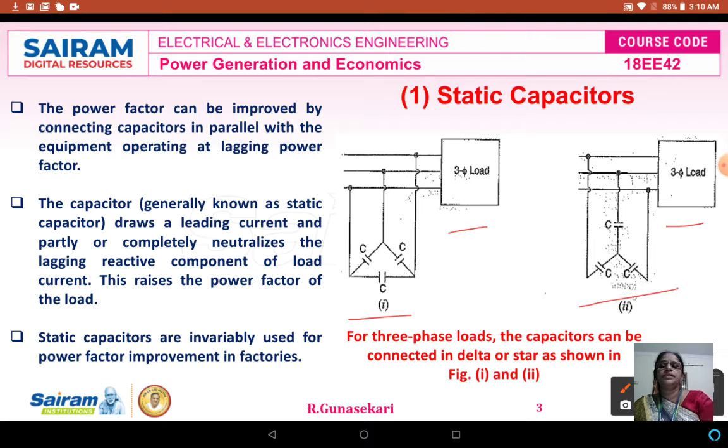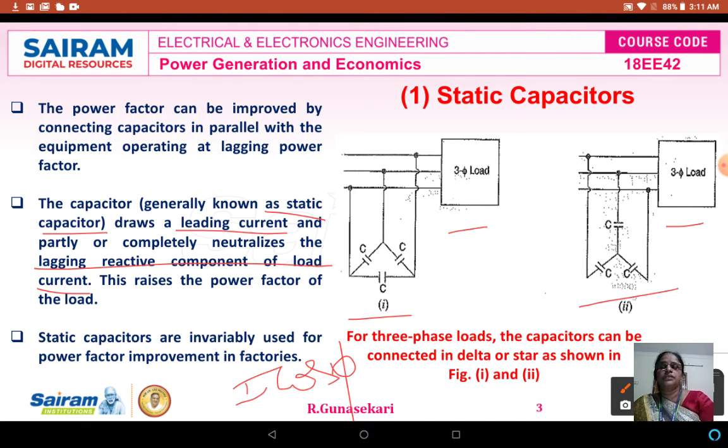The static capacitor draws leading current and partly or completely neutralizes the lagging reactive component of the load current. Reactive component means I sin phi is the reactive component. This raises the power factor of the load.